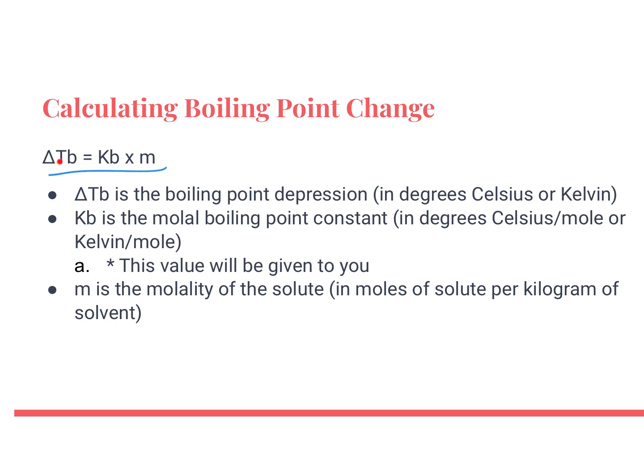Okay. Kb is something called the molal boiling point constant. This value is given to you every time. It changes depending on whatever your solvent is. Okay, so this is a constant. It'll be provided to you. And then little m is molality.